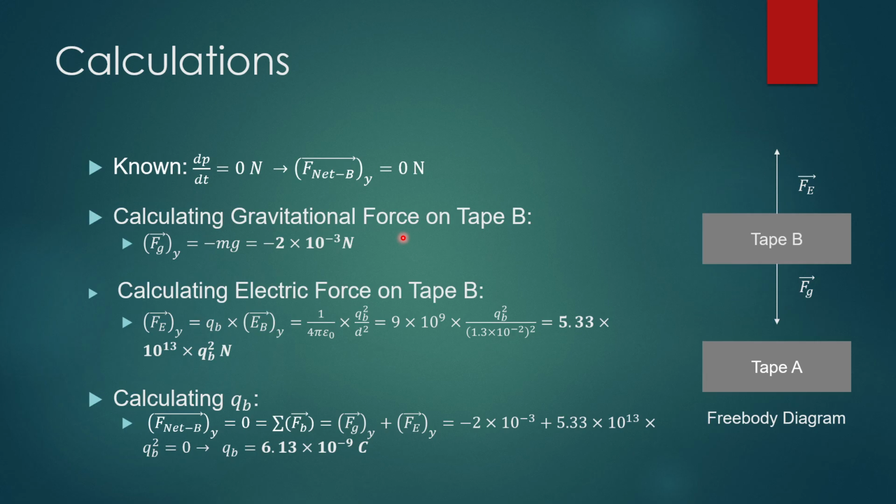And this is done in terms of Q sub B. Then we can calculate Q sub B itself by realizing that the net force is simply equal to the force of gravitation plus the electric force. And we can find that Q sub B equals 6.13 times 10 to the negative 9 coulombs.